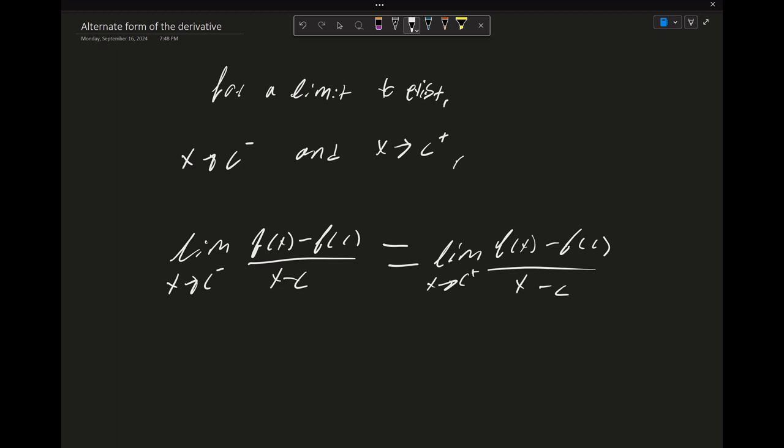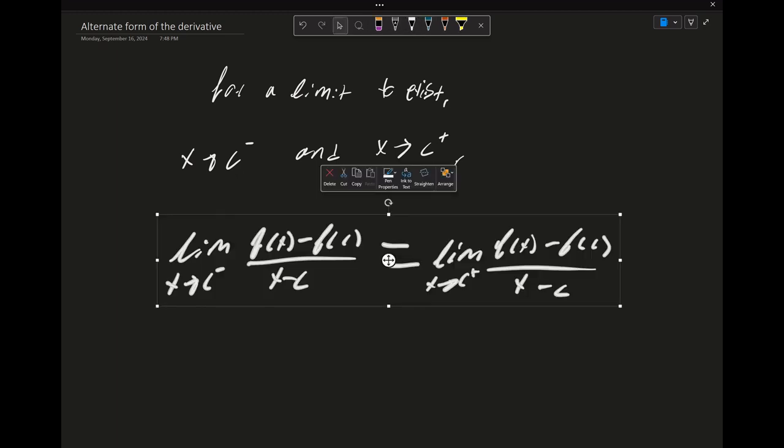So therefore, let's do a little theorem here.